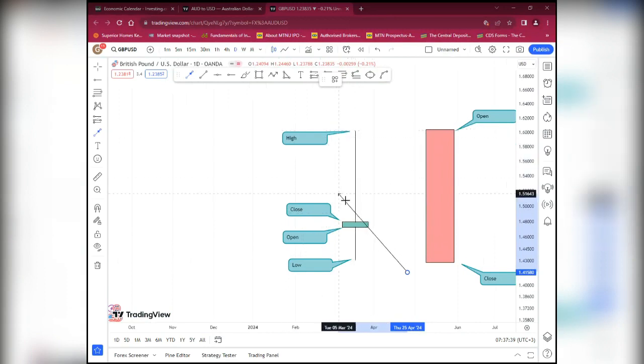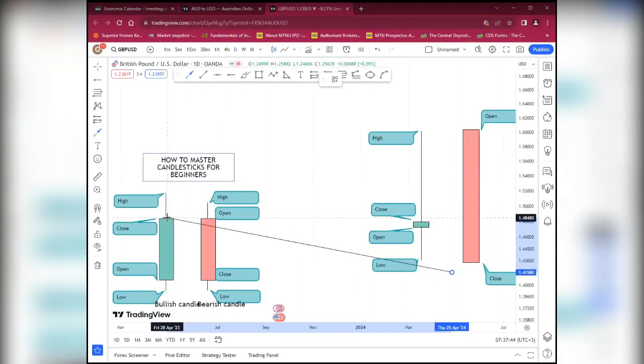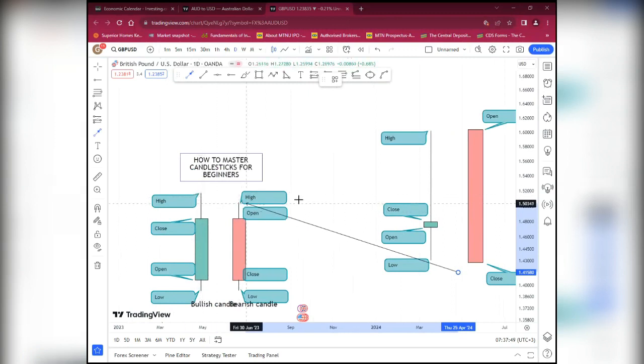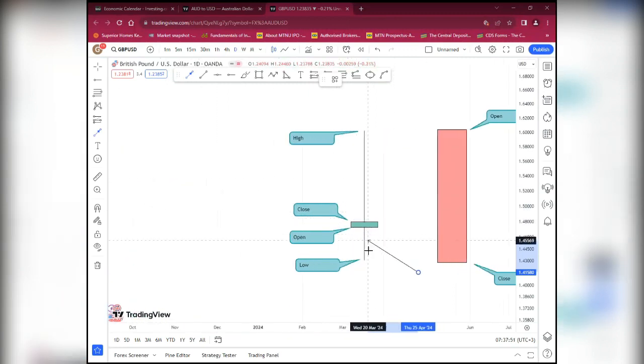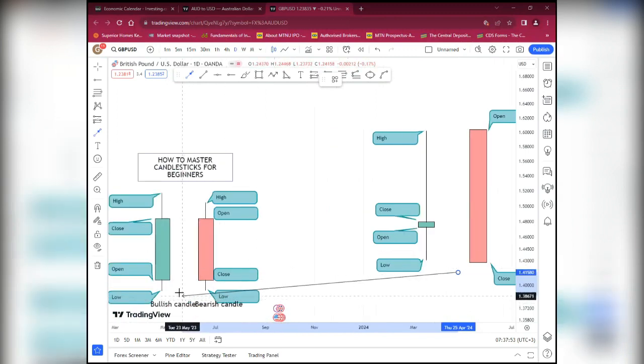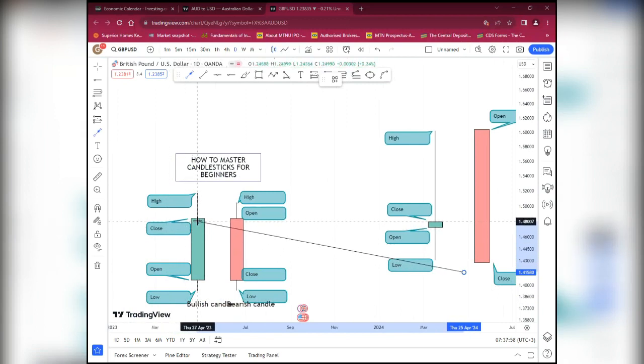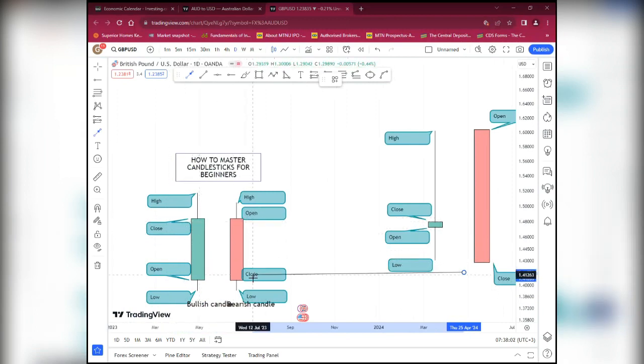Any wick to the upside is a high. It does not really matter if it's a bullish or a bearish candle. You guys can see these are the highest prices and the highest prices right here. This is the low. We're also having the lowest prices and the lowest prices. The only thing that interchanges is the body of the candle, from open to close, or close to open.